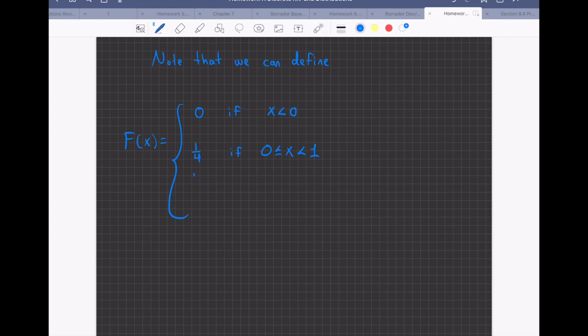When x equals 1, the value is 2/4. So it's going to be 2/4 if x is greater or equal than 1 and strictly less than 2.